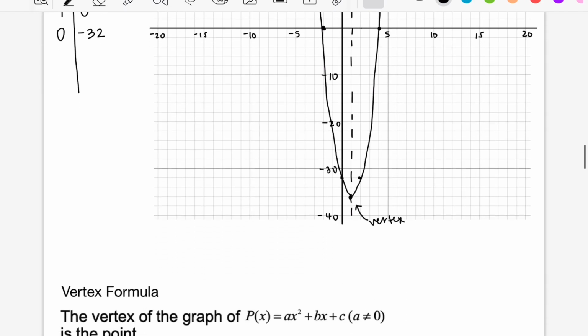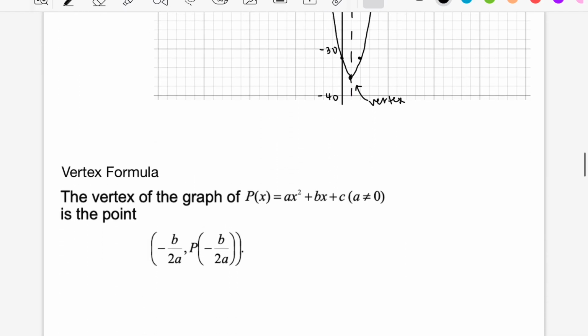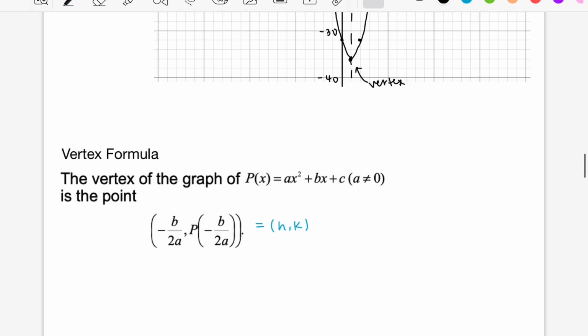Alright, so the next thing we're going to look at is what's called the vertex formula. So the vertex of this quadratic function here is going to be this point here. And so this is the same thing as (h, k) here. Remember when we had in the last example, this was our h value and this was our k value.